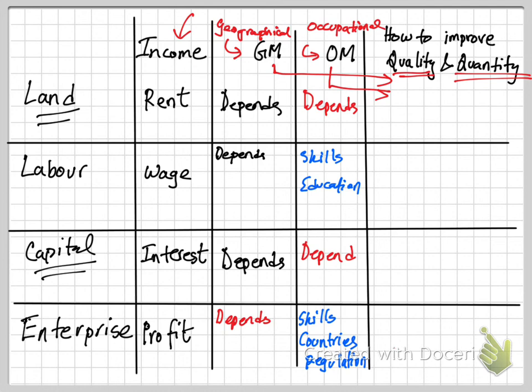If you have a lot of technological advances in your economy, it means that you have a lot of better capital in your economy, right? And that's how you improve the quality and quantity of capital. So you always have to think, how do we improve the geographical and occupational mobility of these factors of production? And that is exactly how you can improve the quality and quantity of these factors of production.